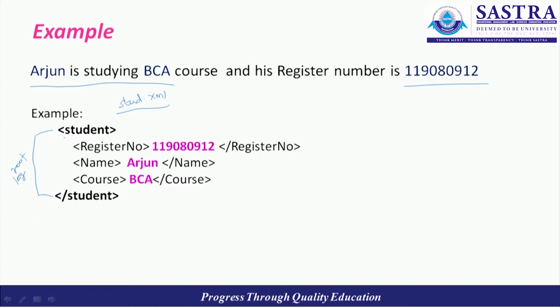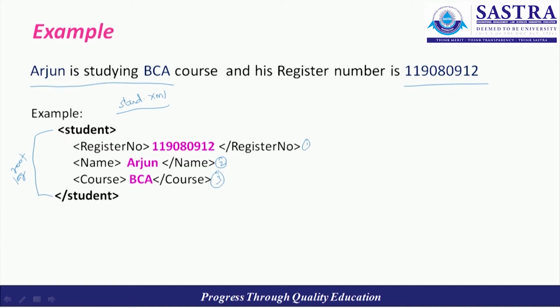So student and /student. It has 3 child elements: register number, name, course. Student has register number, this is the first child, this is the second child, and this is the third child.